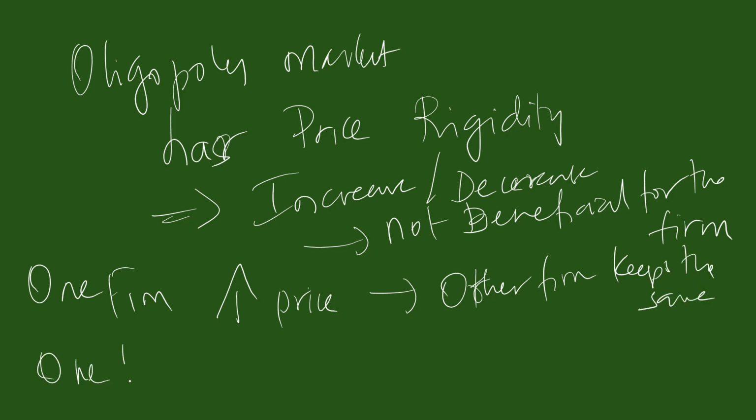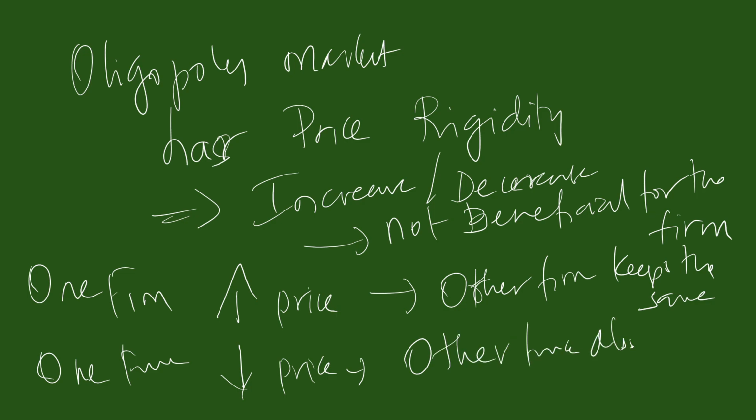On the other hand, if one firm decreases its price, the other firms also decrease their price. So normally the price will not be changed. Price rigidity is the important concept followed here, and that's all about the kinked demand curve. Thank you, students.